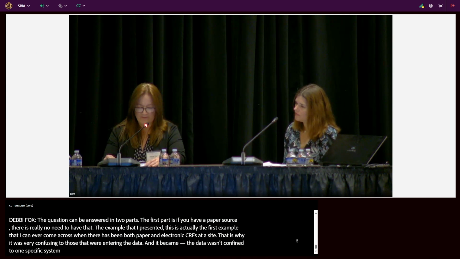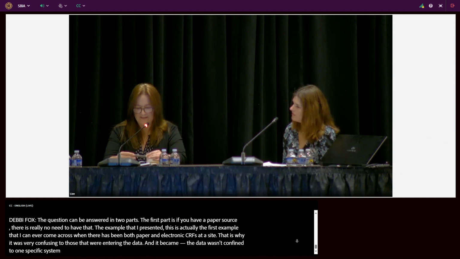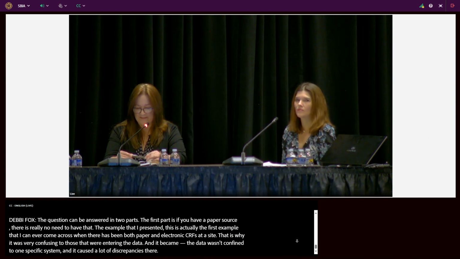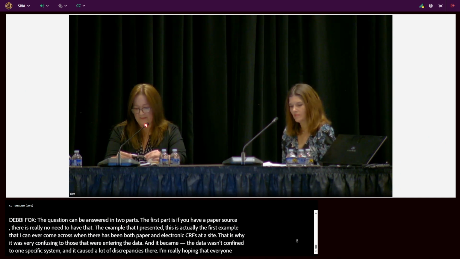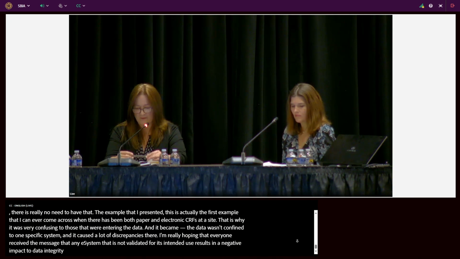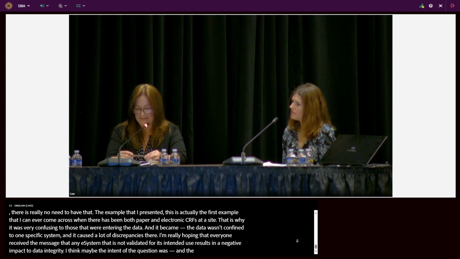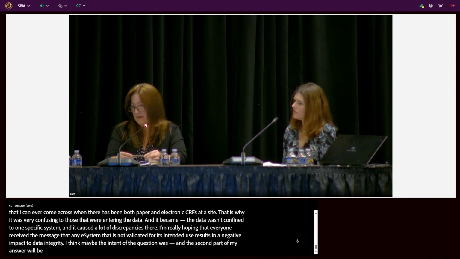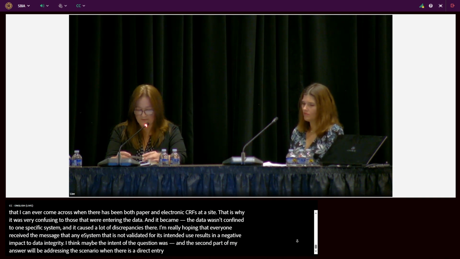I'm really hoping that everyone received the message that any e-system that isn't validated for its intended use results in a negative impact to data integrity. But I think maybe the intent of the question was the scenario when there's a direct entry into a validated eCRF, so the second part of my answer addresses that. The CRF in this case is also considered the source.